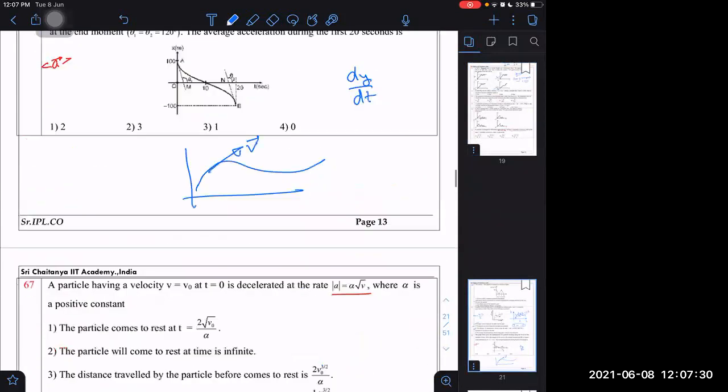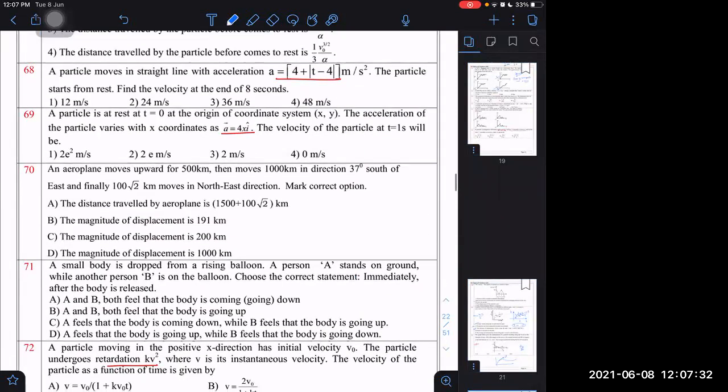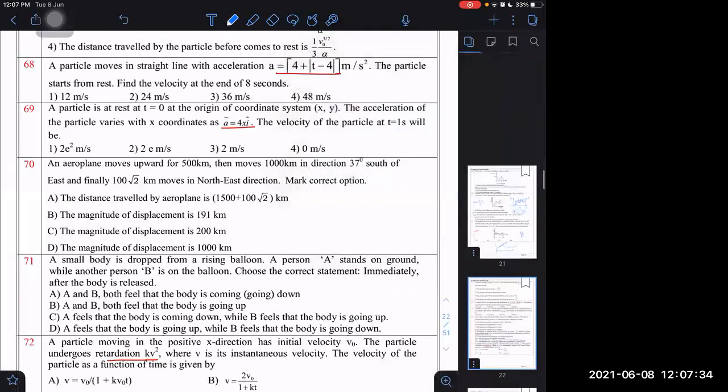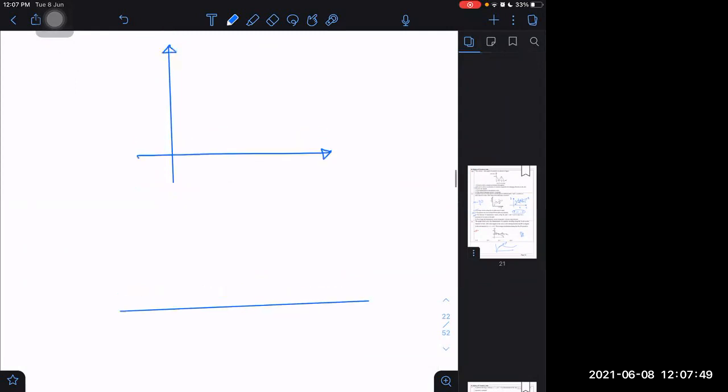Let me try it again. Listen, I am giving you some data and you have to make the graph. How will you make the graph? Particle is going along the y-axis. This is the y-axis, this is the x-axis, and if I plot the y-axis along horizontal, you will again be confused.